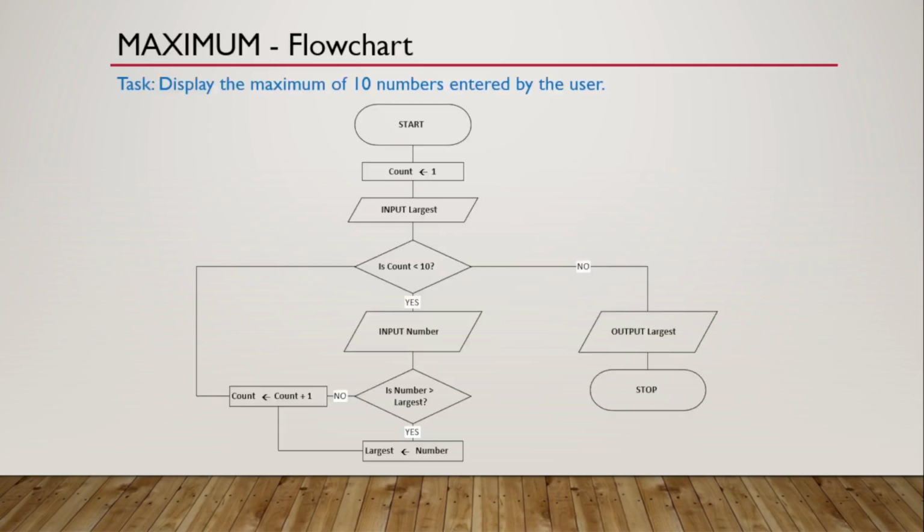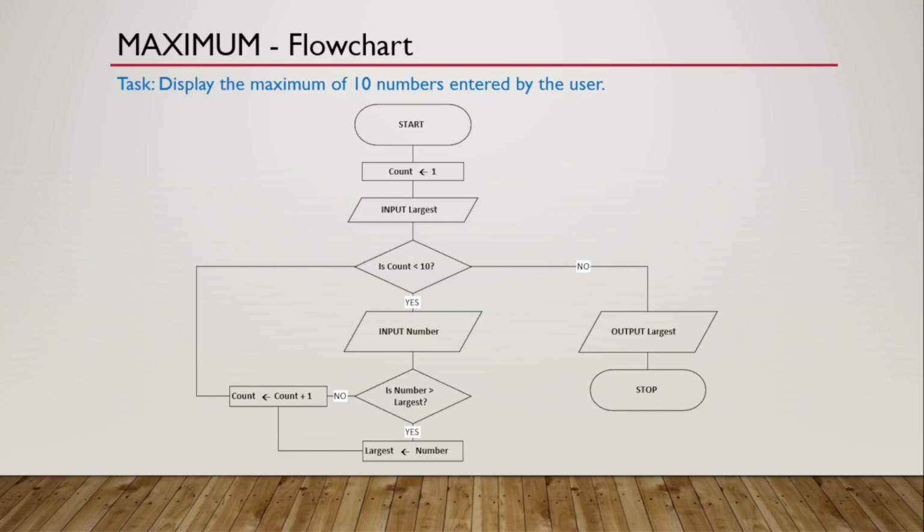And we start off with a task which requires us to display the maximum of 10 numbers entered by the user. You could use a different approach from mine, whereby you may want to assign at the initial point a very small value to the largest variable.